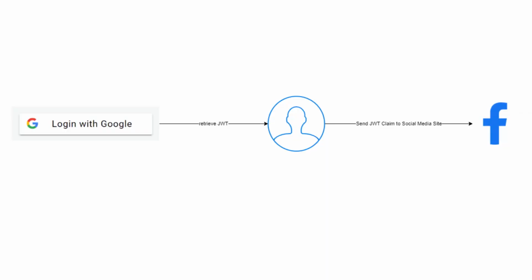So in this example, you would log into Google, grab the JWT and pass it to the social media account. Of course, this is the famous sign in with Google or sign in with LinkedIn, etc. button on sites you've used before. These mechanisms are handled for us in the background, so we don't have to pass JWTs manually. This mechanism that uses JWTs is part of an OIDC authorization code flow.